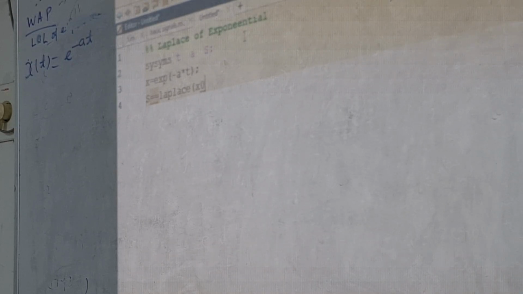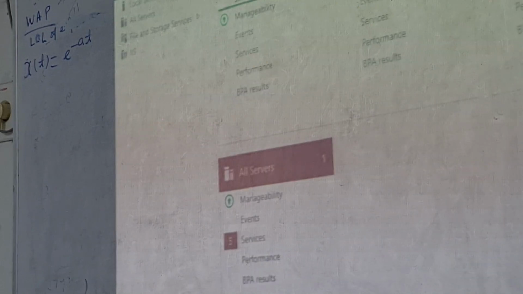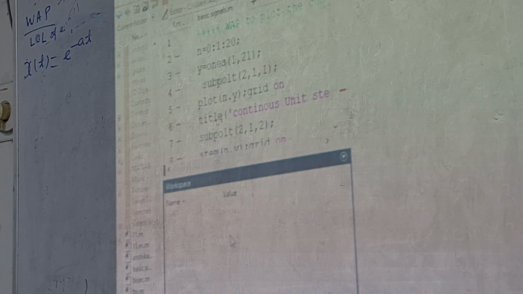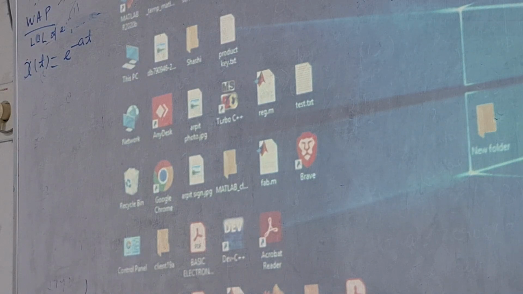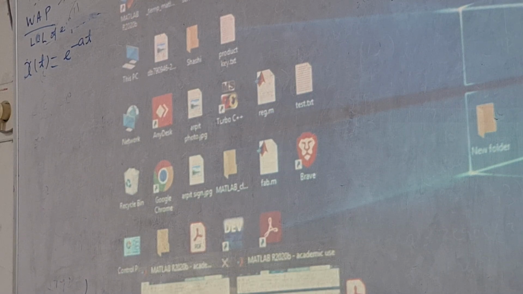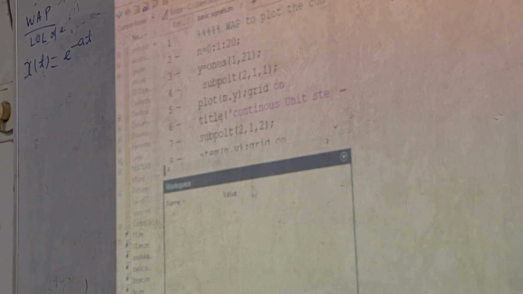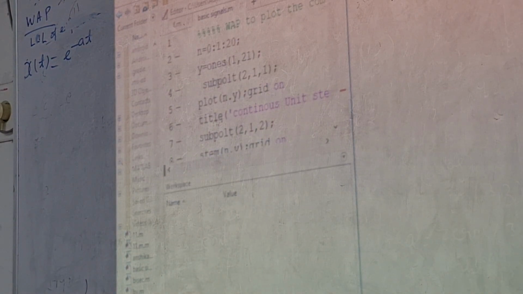X is the input, then enter, and the result is displayed in the command window.